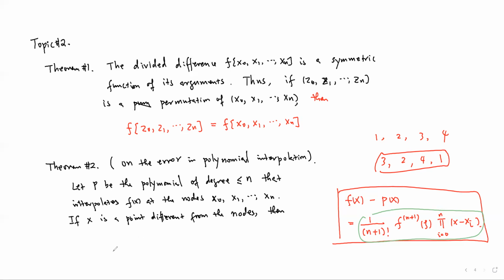Then we have f minus p is equal to the divided difference at x0, x1, up to xn, and x, times the product over i from 0 to n of (x minus xi).